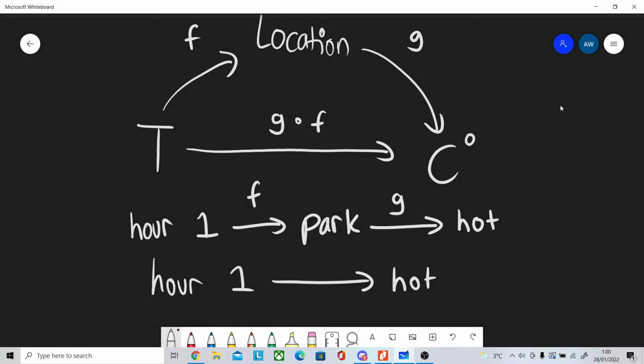My main issue is this map over here from park to hot. It's not always constant because it depends on the time of the day, right? What if it's nighttime? Then obviously the park will be cool. So the park can either be cool or hot depending on the time as well.